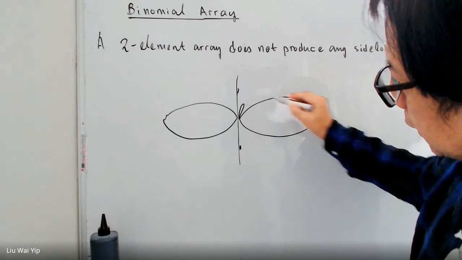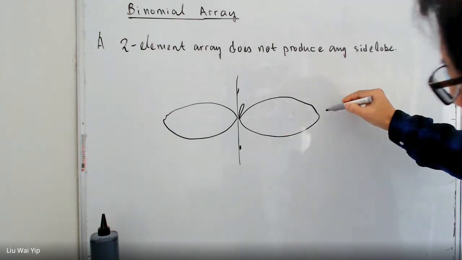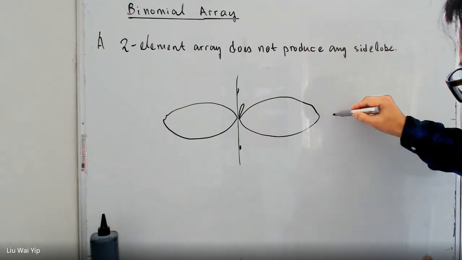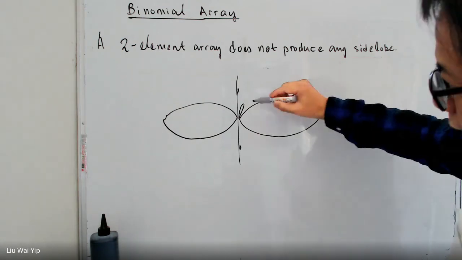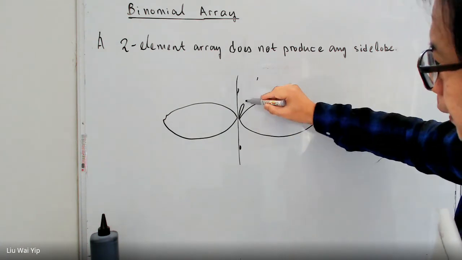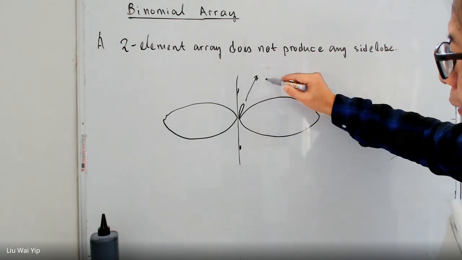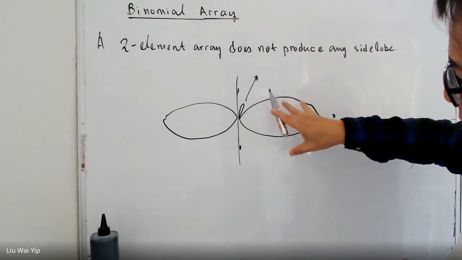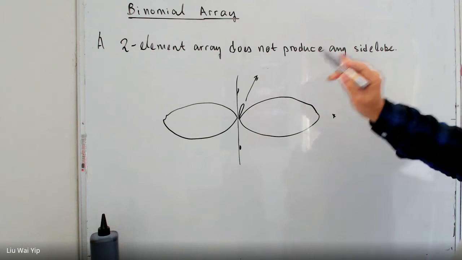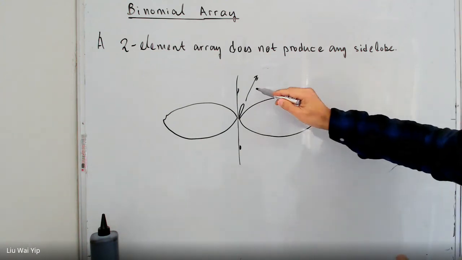Perhaps we are going to receive the signal from the direction of the major lobe. But then this one here is pointing to a direction that we don't recognize. So it is only good for hacking. We are trying to avoid any side lobe.